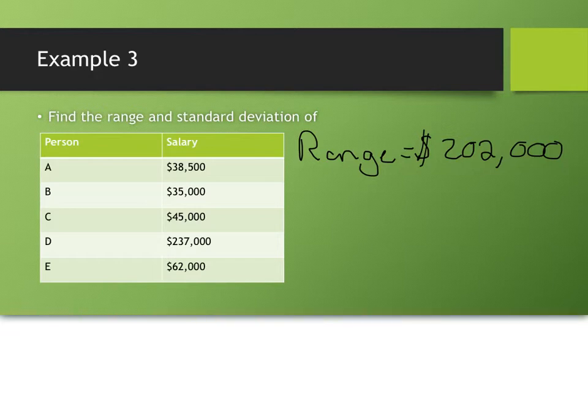Now, before we move on, I just want to state for the record again, this is the same data set that we dealt with before. So when I calculate the standard deviation, my mean is 83,500. All right, dollars in this case.